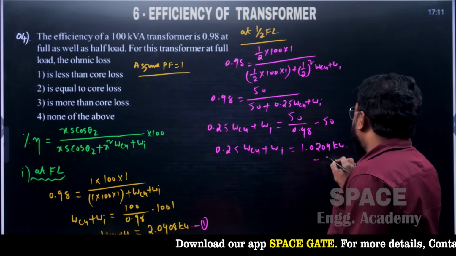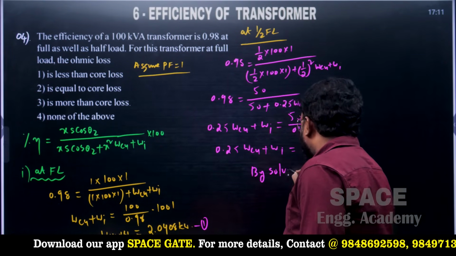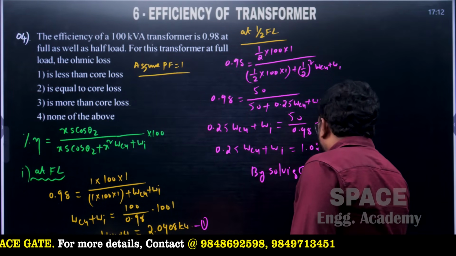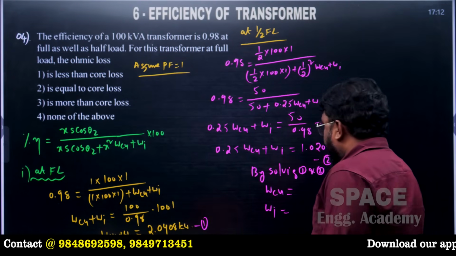This is equation number 2. So by solving equations 1 and 2, we get the copper losses and iron losses.